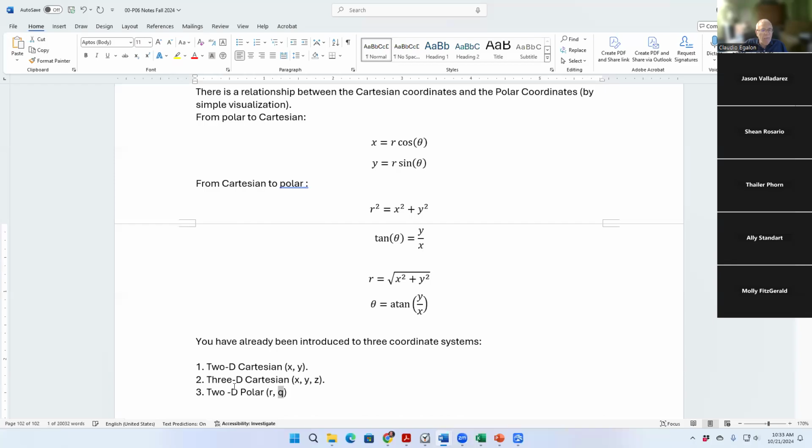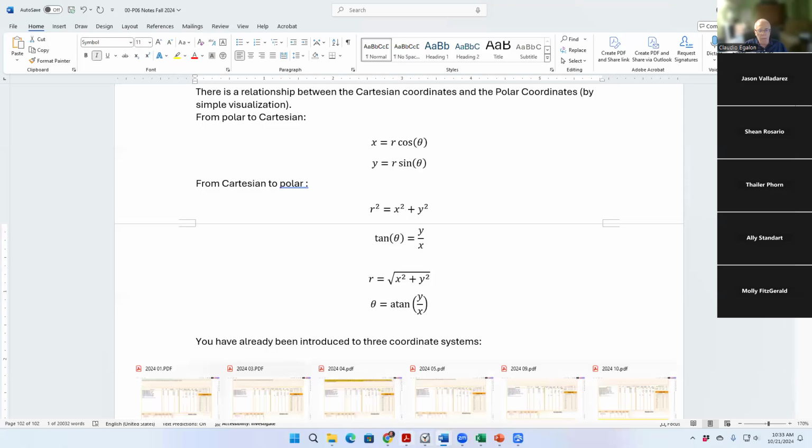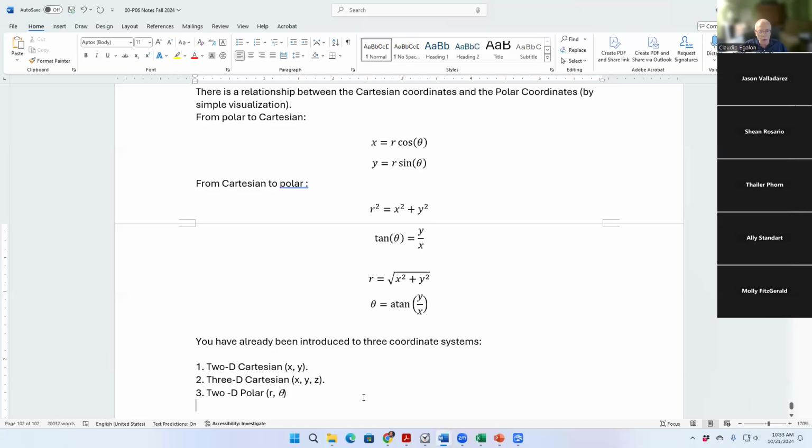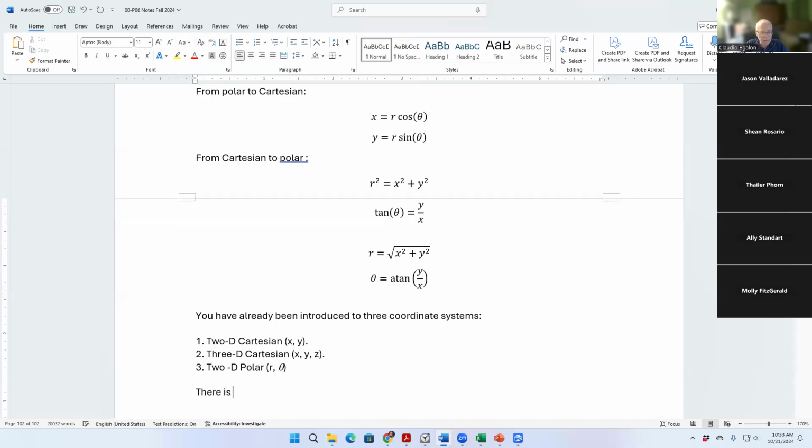And there is a fourth coordinate system that I want you to remember too, right? There is one more coordinate system that is rather straightforward once you know the polar coordinate system.